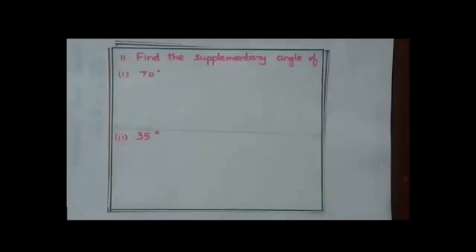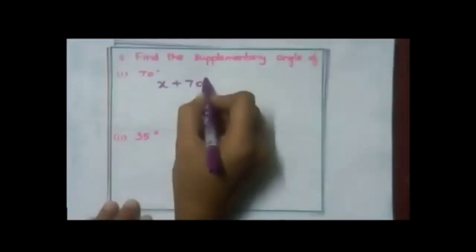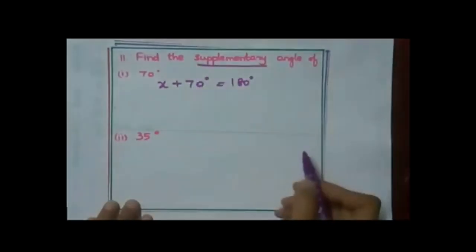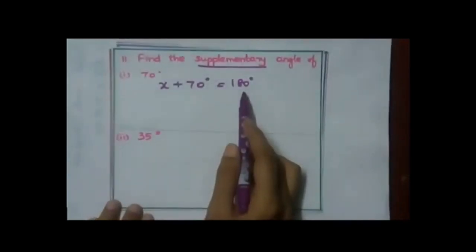Find the supplementary angle of 70 degree. What is the question? Read the question. Find the supplementary angle of 70 degree. Supplementary angle means two angles are said to be supplementary if they add up to 180 degree. So I am writing x plus 70 equal to 180 because the question is supplementary angle. So these two angles will add up to 180.